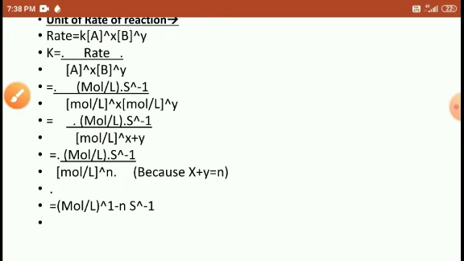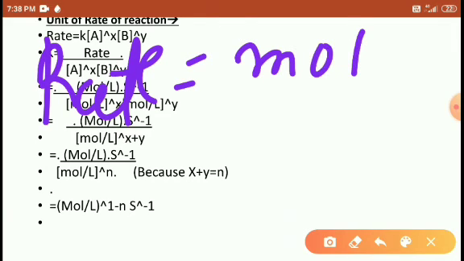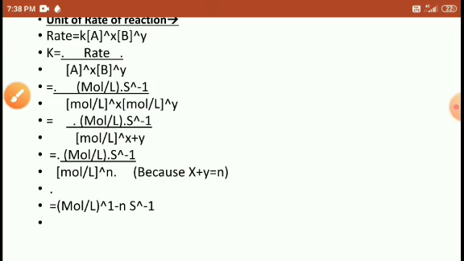Right? We know, students, what is rate. The rate means moles per liter per second. This is the rate, students. And what is the concentration, students?